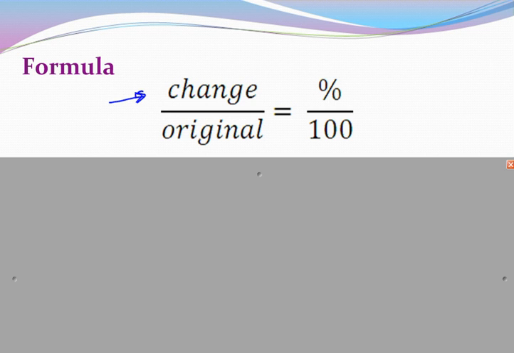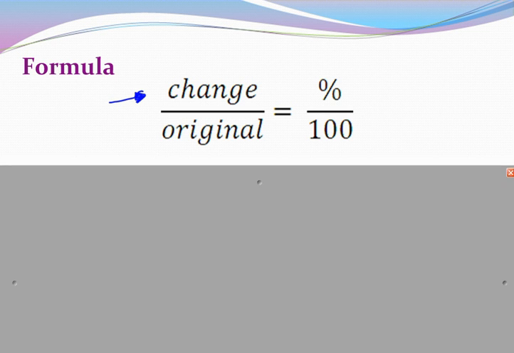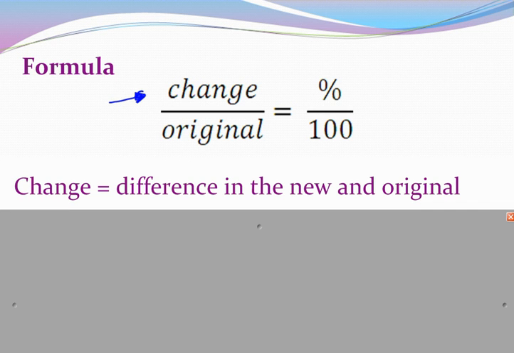Before you start this problem, you need to find the change, and I'm going to tell you how to do that. The change is the difference in the new and the original. Difference means to subtract. So you need to subtract the new and the original. You can do it big one minus small one. It doesn't matter in which order, as long as you put the big one on top minus the small one.